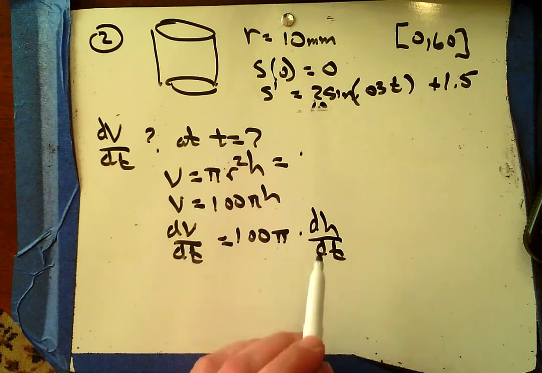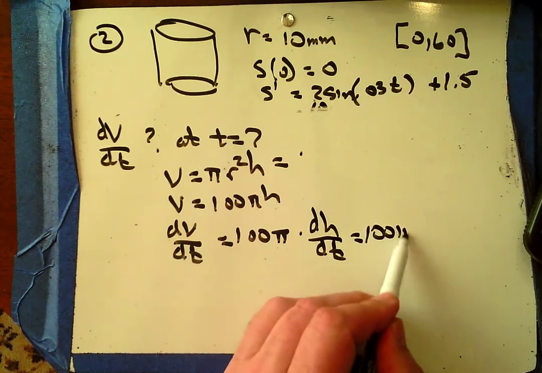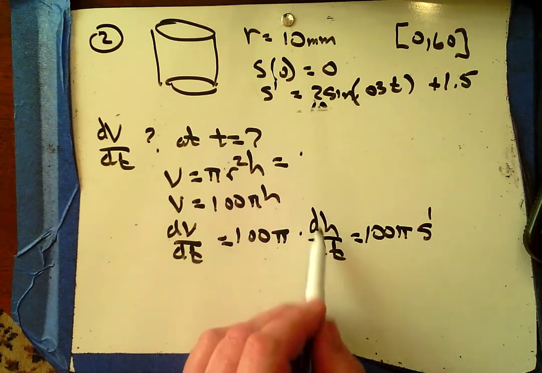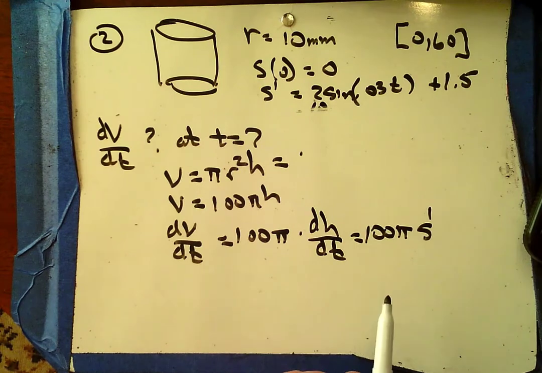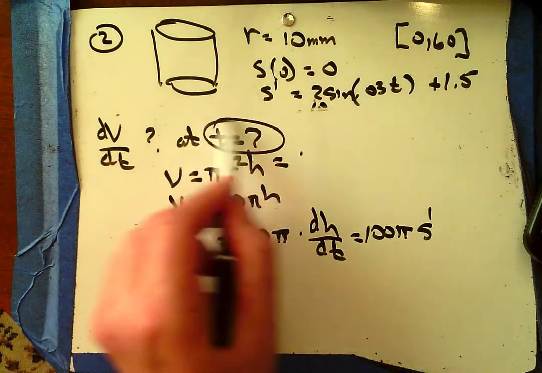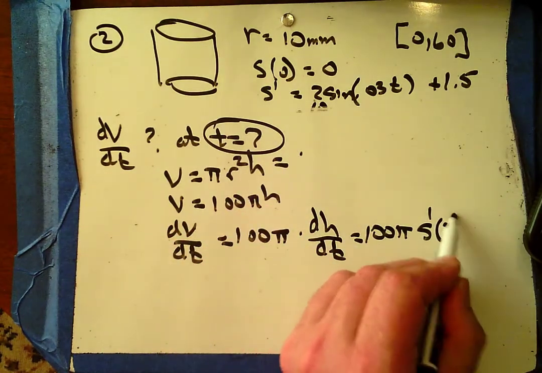Now, the change in height with respect to time is 100 pi s prime. That's the rate of change in the height. So, we want the rate of change in the height at time equal to 7. So I need s prime of 7.